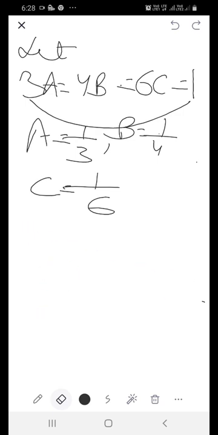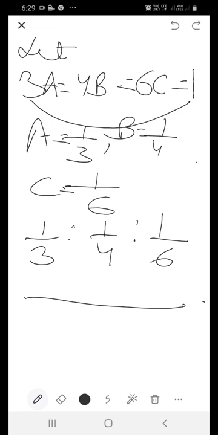Now you have to find A is to B is to C. In order to find it, write their values: 1 upon 3 is to 1 upon 4 is to 1 upon 6. Now take the common LCM for all the ratios. That will be 12. So it will be 3 4s are 4, 4 3s are 3, and 6 2s are 2.